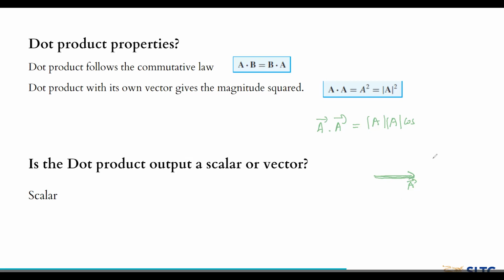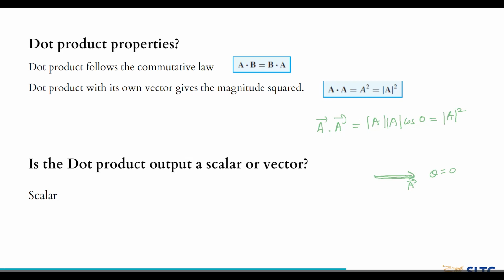They overlap, and there's no angle between them. Therefore, theta will be 0, and cos theta will be cos 0. Therefore, the vector magnitude will be squared. So once we take the dot product of a vector with itself, the magnitude squared will be the output.